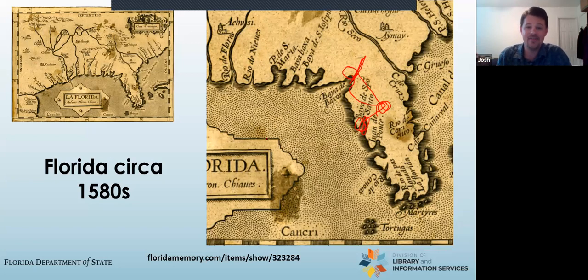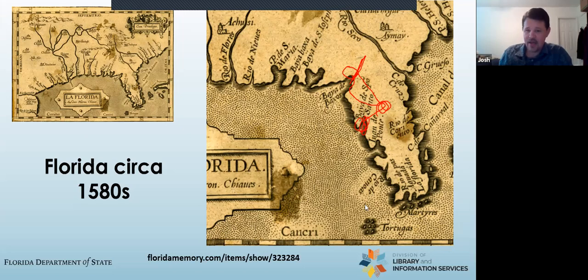To make a long story short, by the time you get to 1536, which is, gosh, 8 years after this expedition starts, 4 survivors finally make it back to Mexico City, one of whom thankfully had kept a diary of what was going on. And so he was able to describe this. So 4 survivors out of this make it back, and Narvaez's expedition essentially comes to nothing.